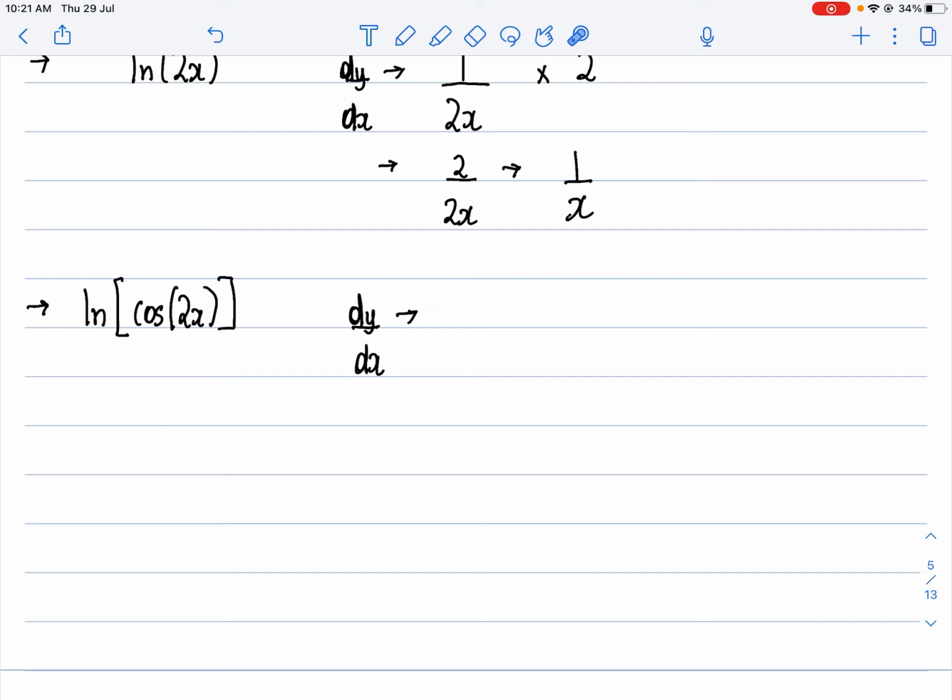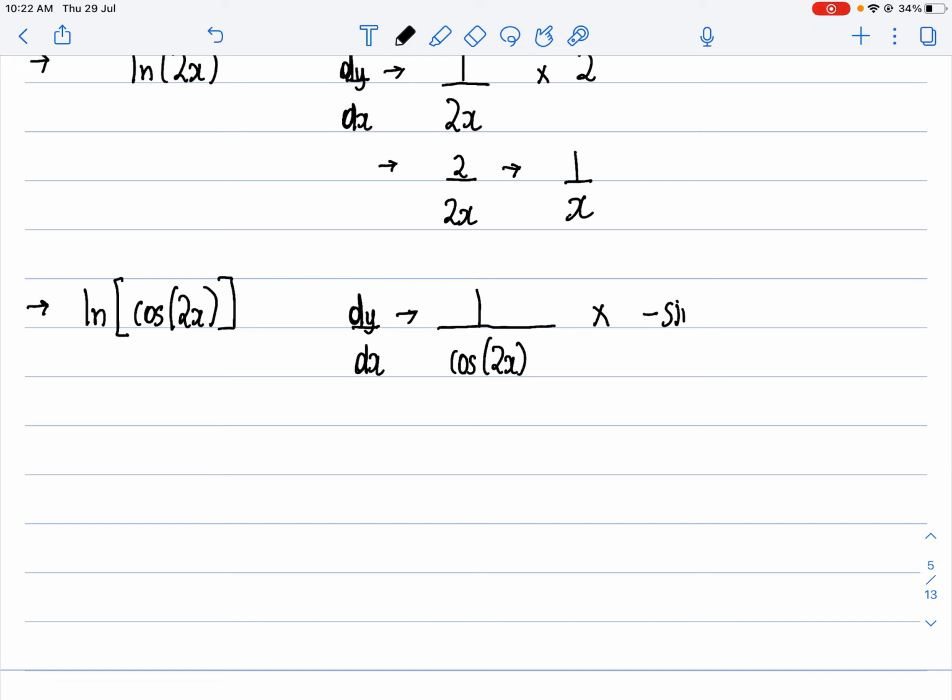The differentiation of ln is 1 over x, where x is inside the bracket. So this will be 1 over the function which I have inside the bracket, multiplied by, now I'll go one bracket inside, the differentiation of cos, which is minus sine.